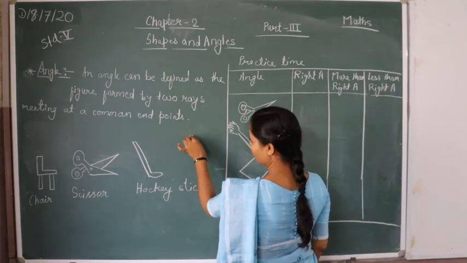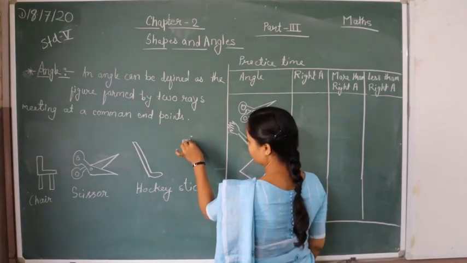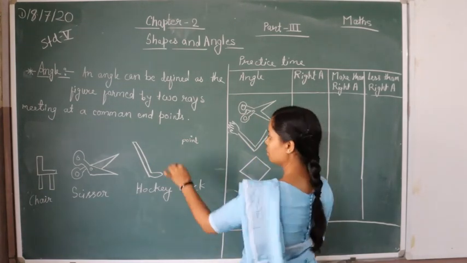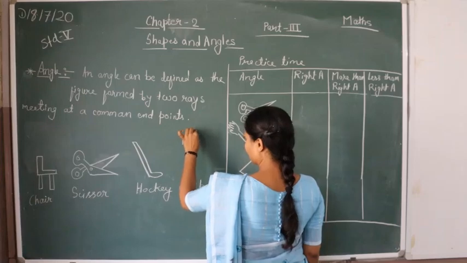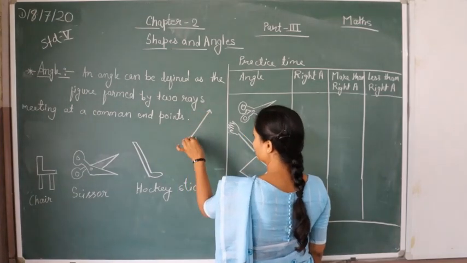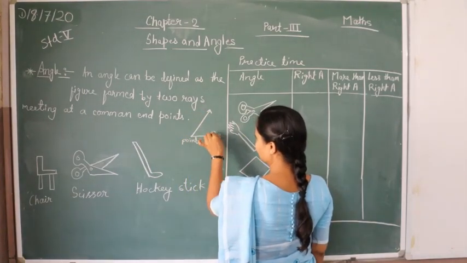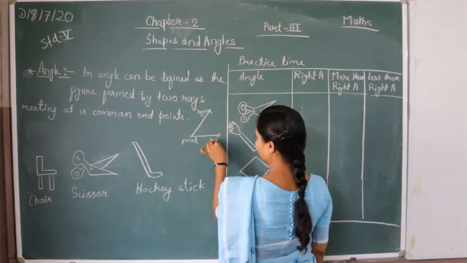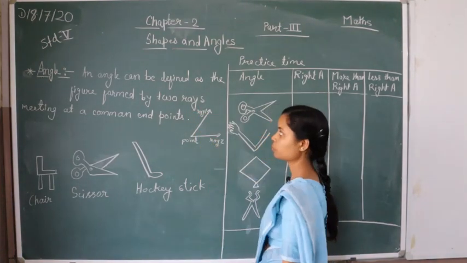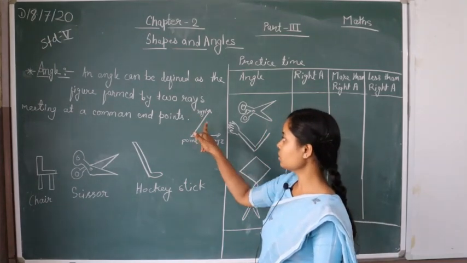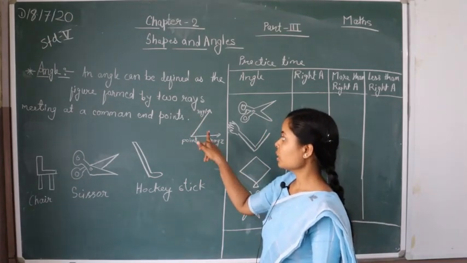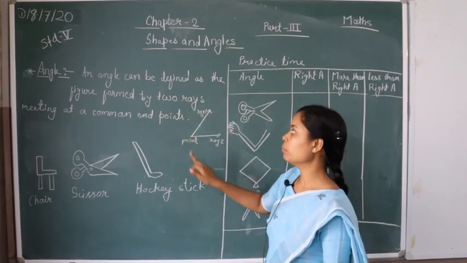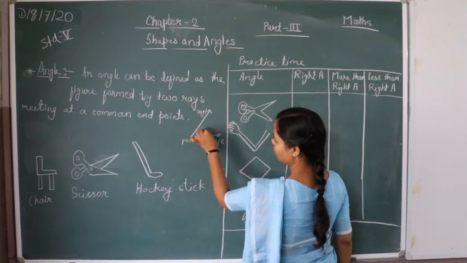So this is a point, and when we make two rays, ray 1 and ray 2, both meeting at a common point, this makes a figure which is called an angle.